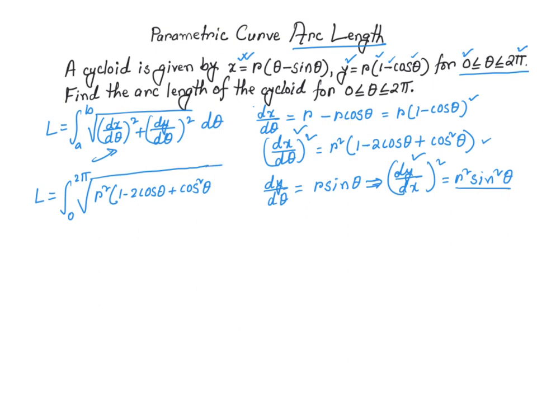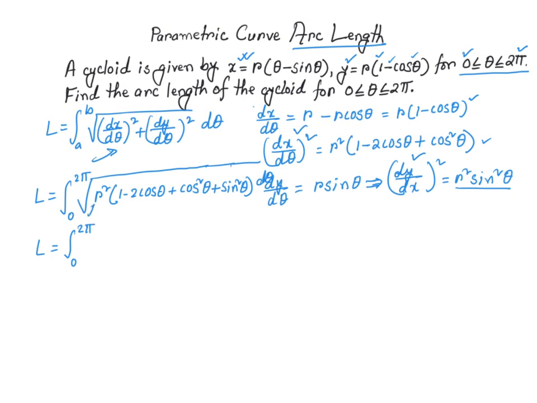So if I combine it, it's going to be sine square of theta, then of course outside of the square root d theta. That's going to give me integral 0 to 2 pi.